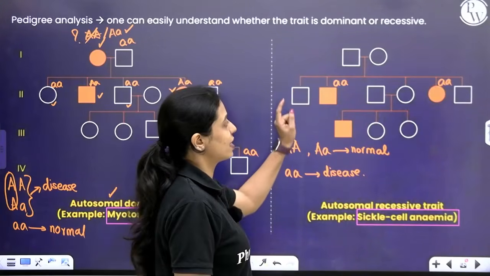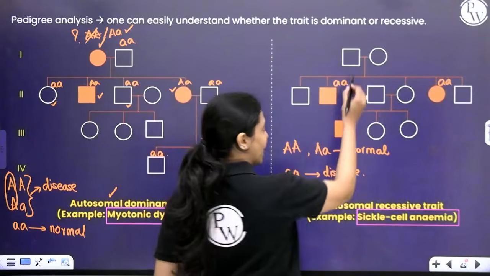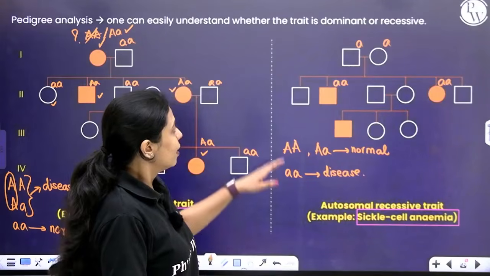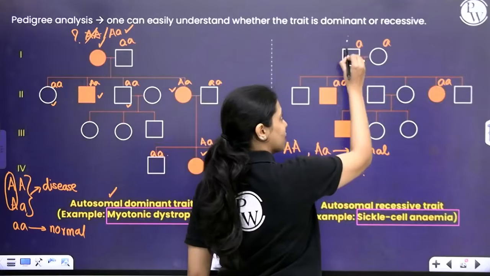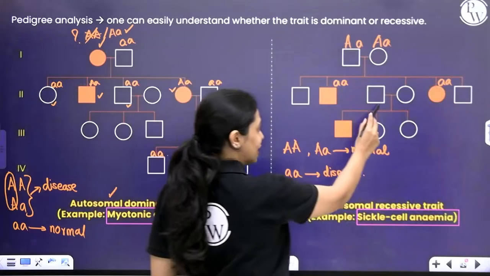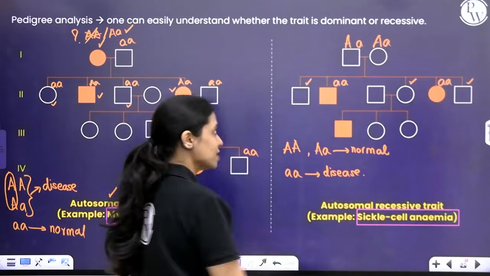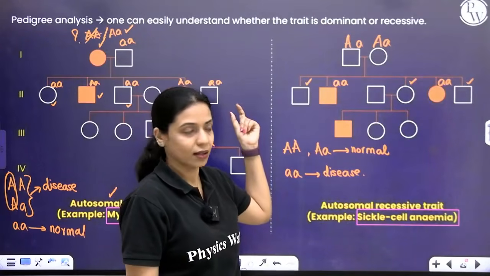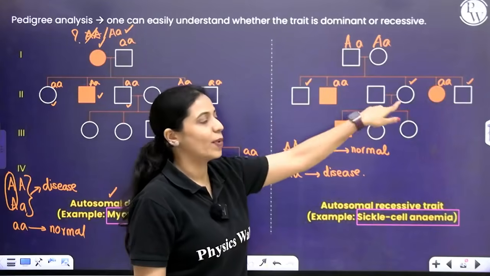If they have received lowercase a one from each parent, then obviously the parents should have one copy of the defective allele, right? But they are not themselves showing the symptoms, which means they will have one normal allele also. For the children that are not showing the symptoms of that disease, at least one normal allele will be passed on from one of the parents. Unfortunately, for these two children, this boy and this girl, both of them have received the defective allele.